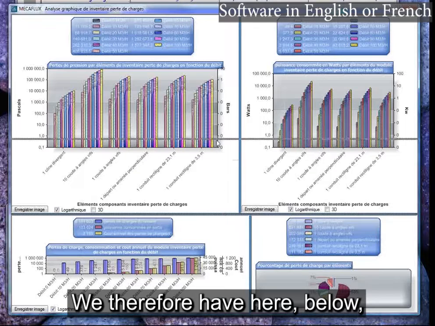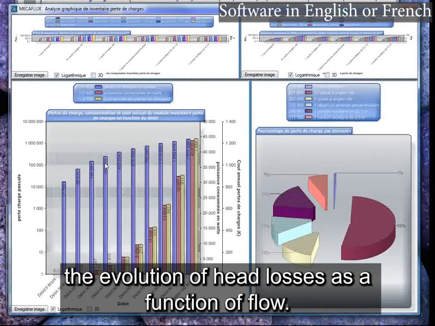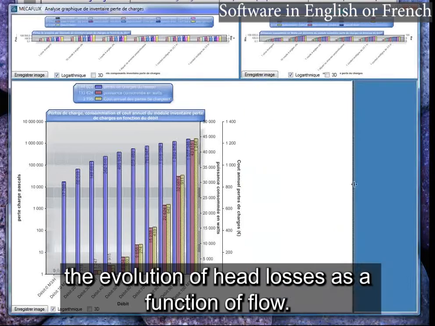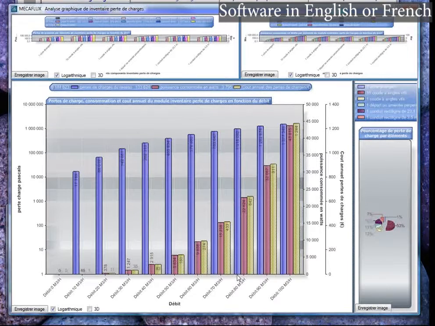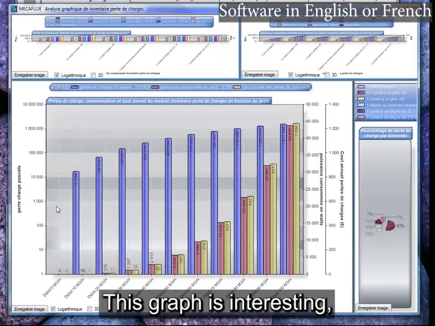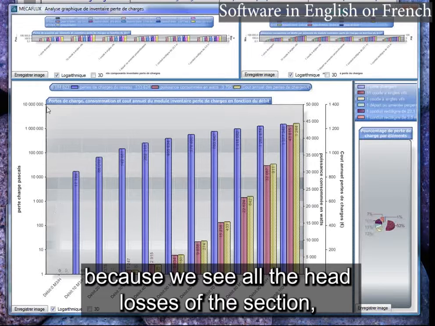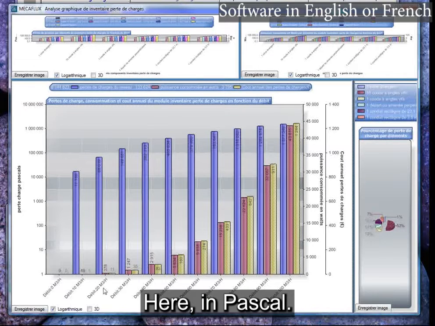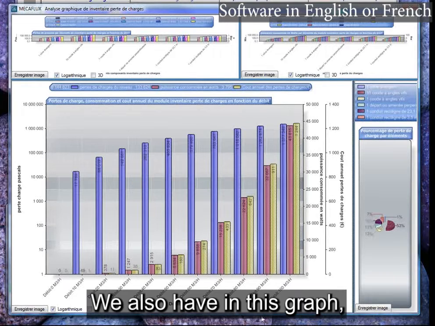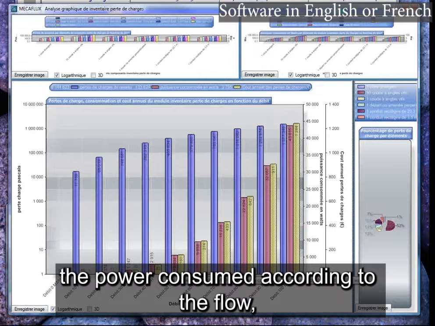We therefore have here, below, the evolution of head losses as a function of flow. This graph is interesting because we see all the head losses of the section following the evolution of the flow. Here, in pascals, we also have in this graph the power consumed according to the flow.